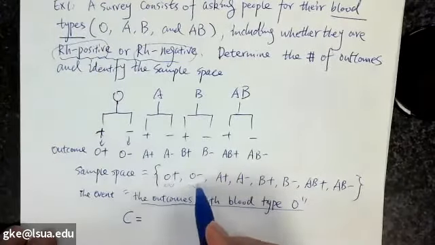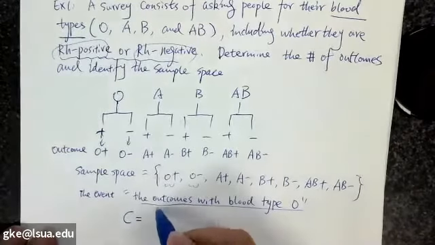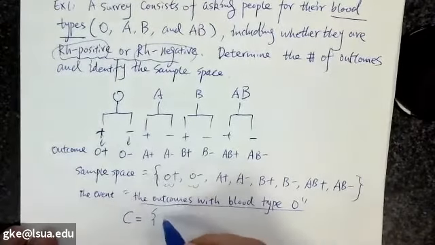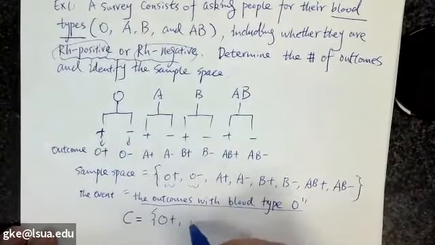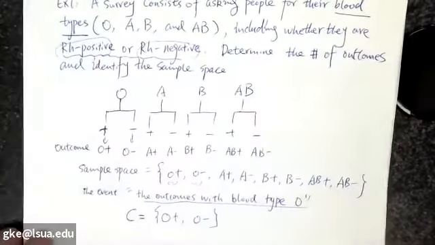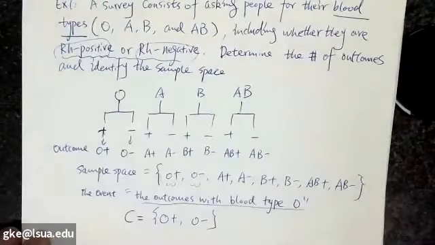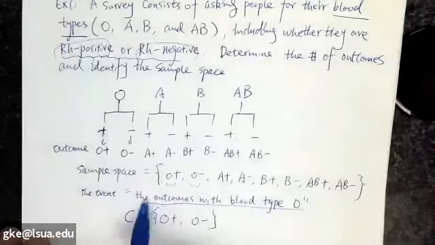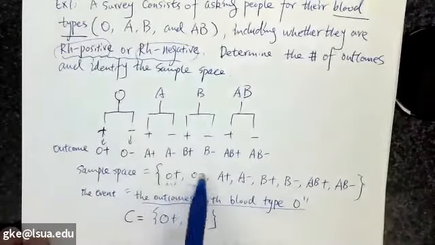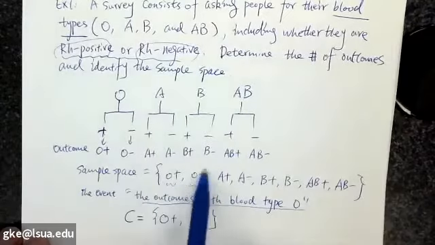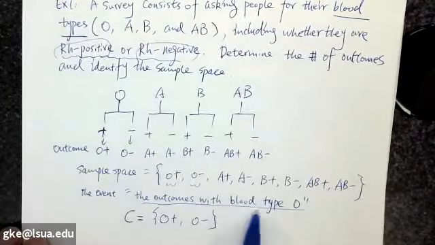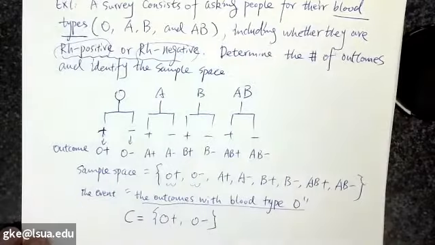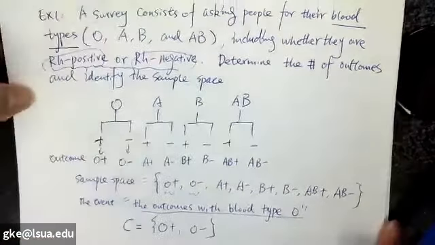This one and this one, right? So event C is O plus and O minus. We have these two outcomes that satisfy this event.